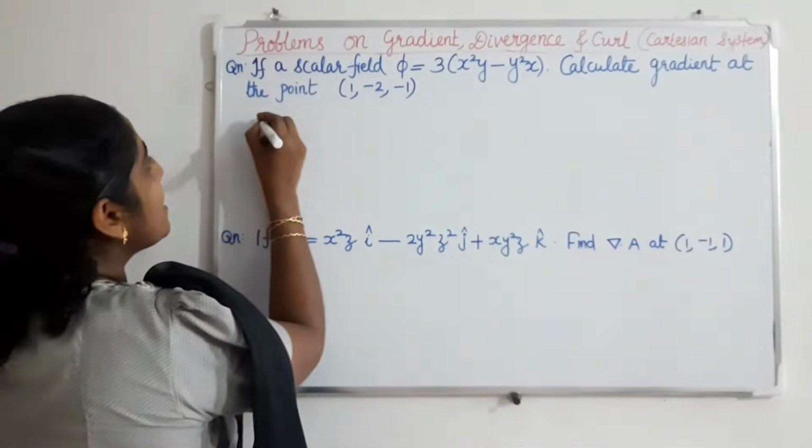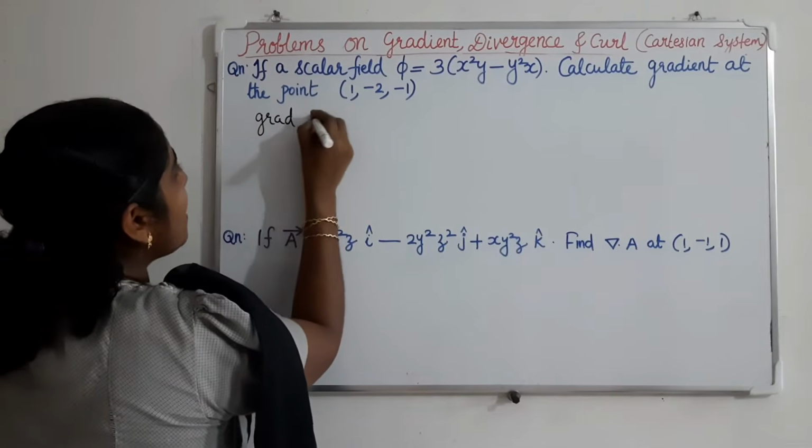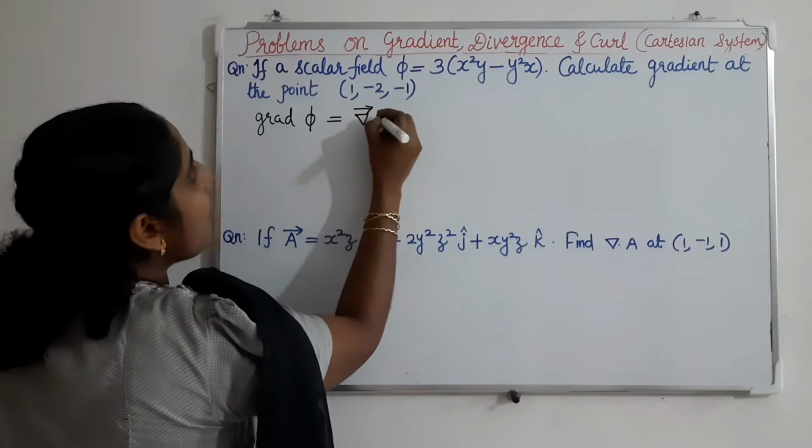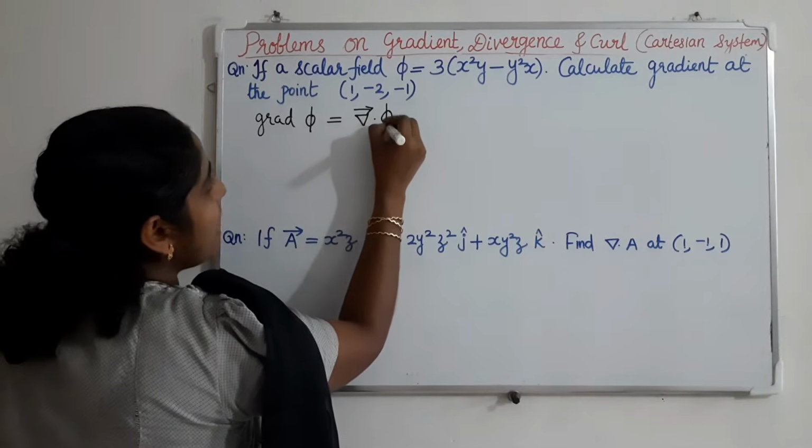So to find the gradient of this scalar function, we take the del operator on this function, that is del phi.